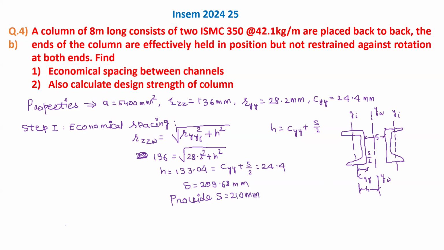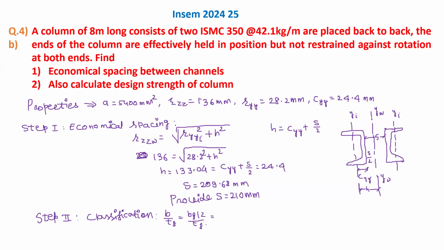Now we will go for the second step, design compressive strength. So we first go to classification. Then we have B by TF. So B is BF by 2 by TF.